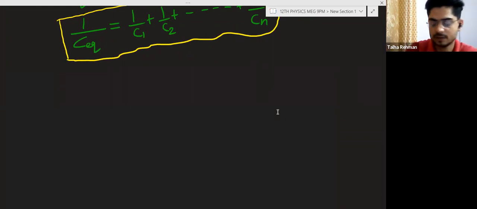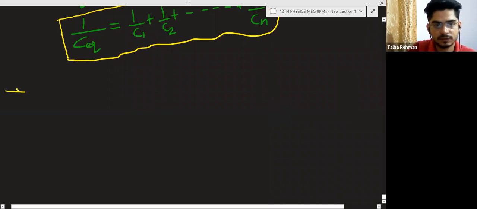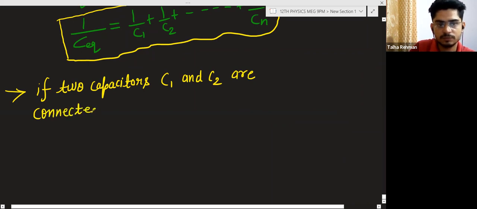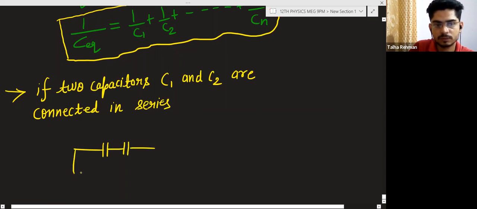If two capacitors, C1 and C2, are connected in series, this is C1, this is C2, and this is not a capacitor, this is the battery, having the voltage.